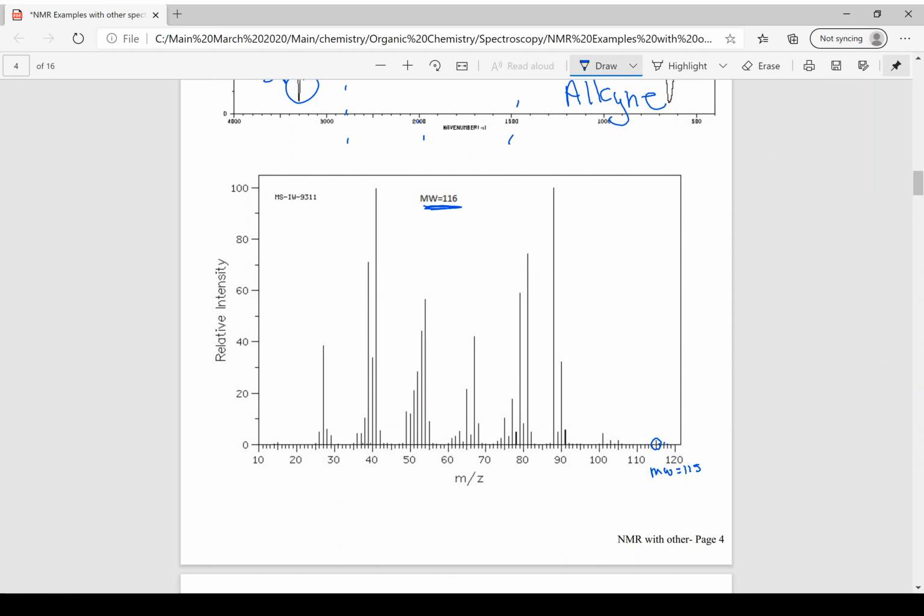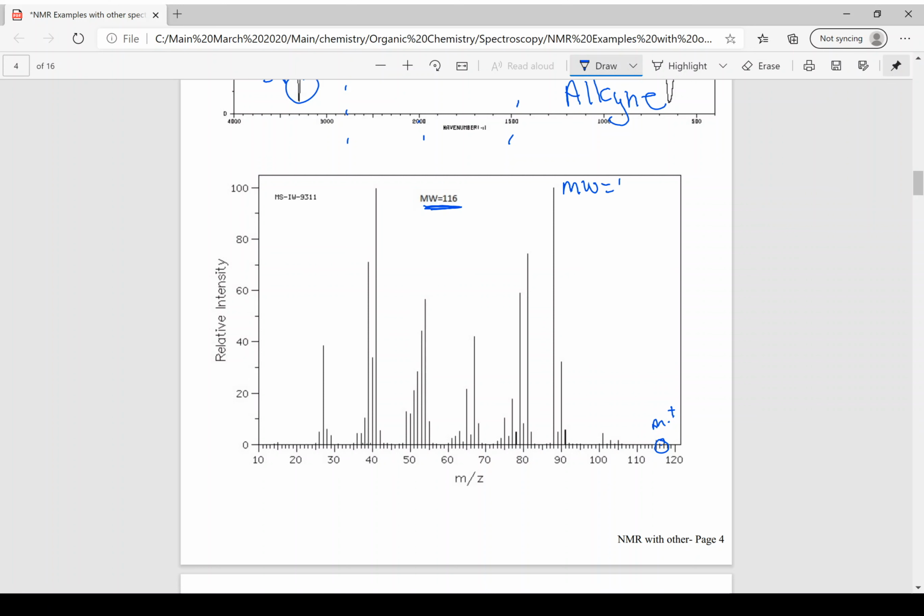So because I told you, we wouldn't put that one, we would actually find the 116 peak. And that would be right. Wow, look how tiny that thing is. There's your molecular ion peak. And that's pretty much all I could label here. Molecular weight is 116 AMU.